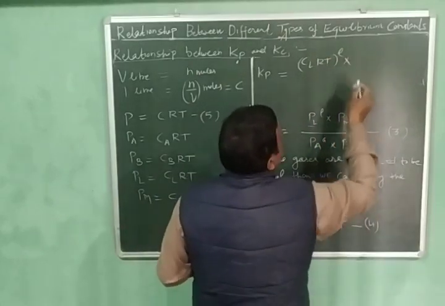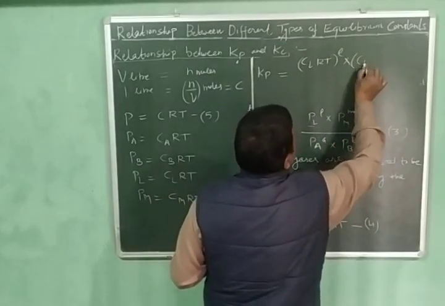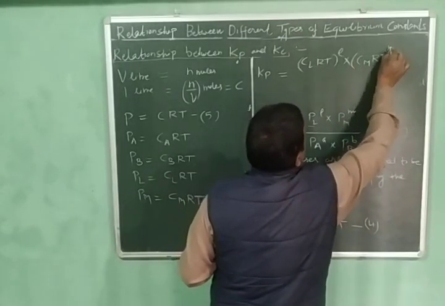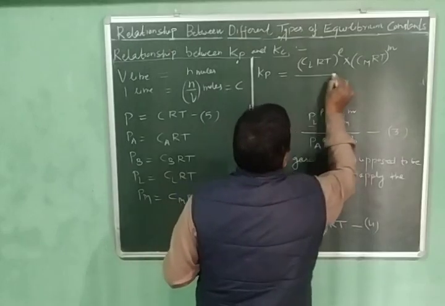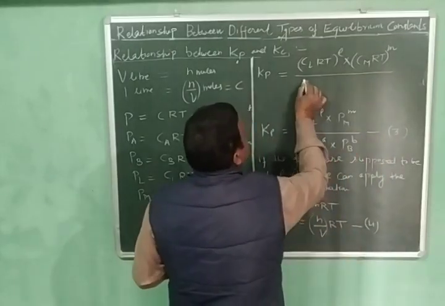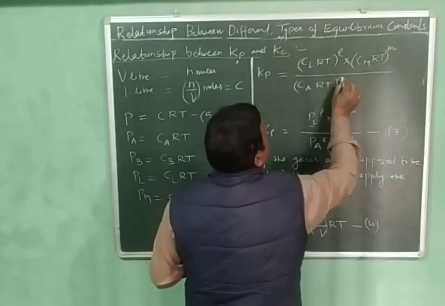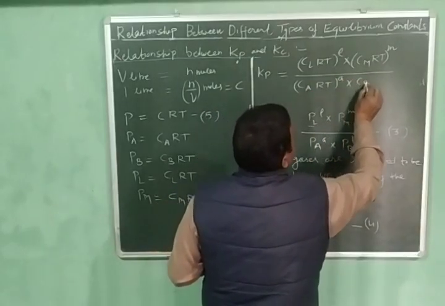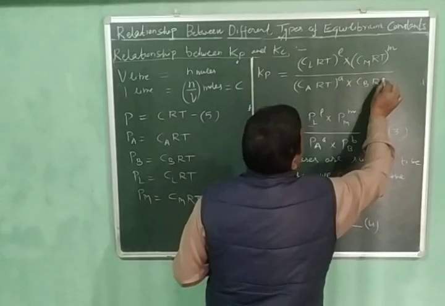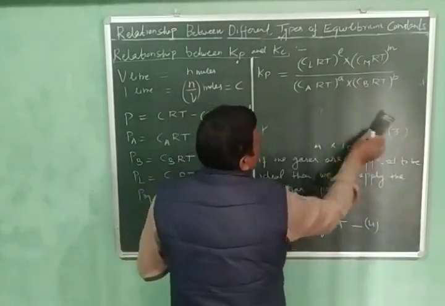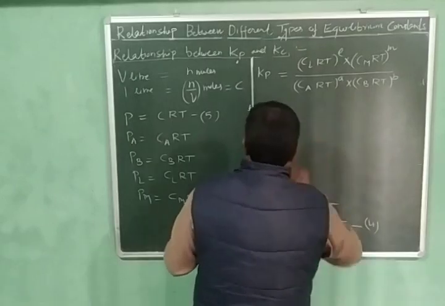Likewise here we will have CmRT raised to power m, divided by CaRT raised to power a into CbRT raised to power b. So now this is Kp.